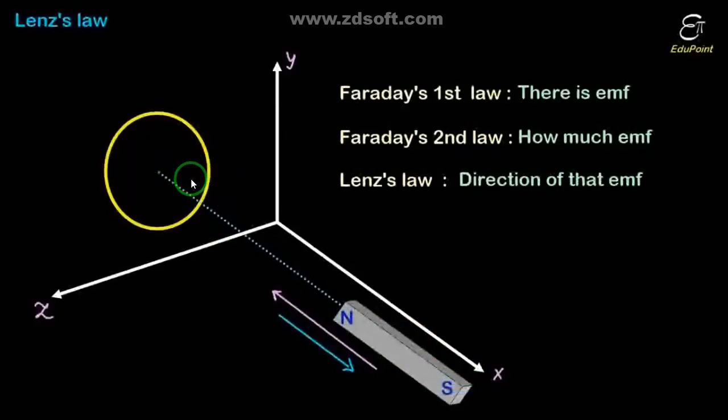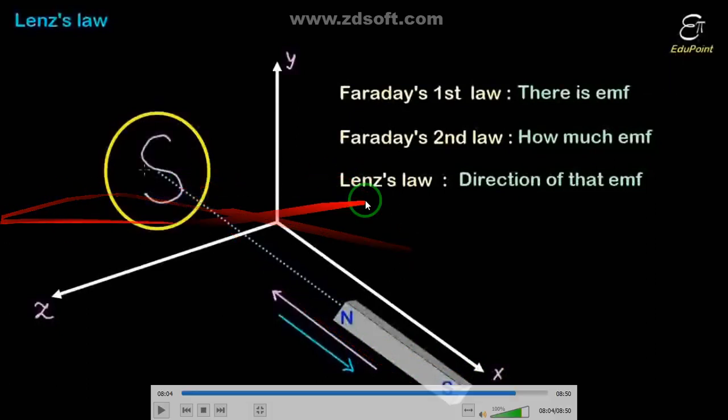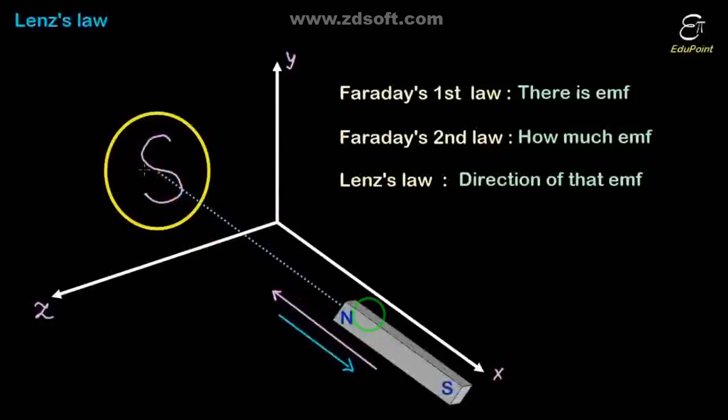See here. This will produce a south pole. Again, these are two unlike poles. This is a south pole and this one is a north pole. For that, the south pole will again attract the magnet. Again the same cycle will repeat.